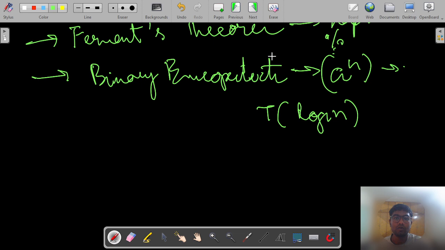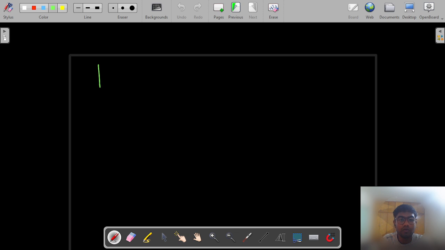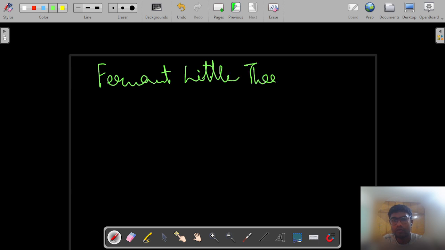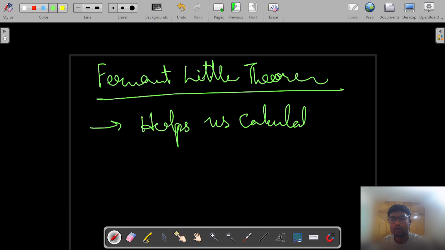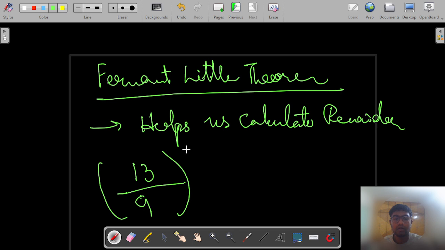Firstly, to understand Fermat's little theorem, this helps us calculate the remainder. Let's say we are given a large value such as this, and we need to calculate the remainder of this value.